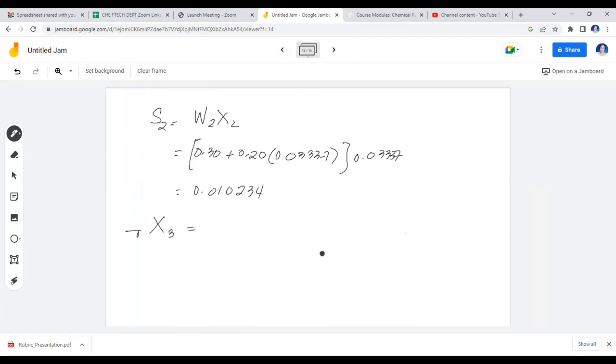So your X3 is negative 0.001 plus S2 over 1.6999 plus W2.